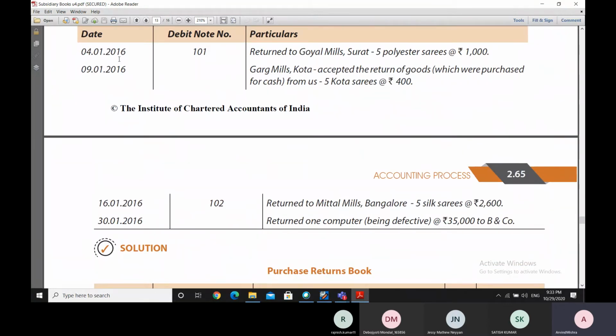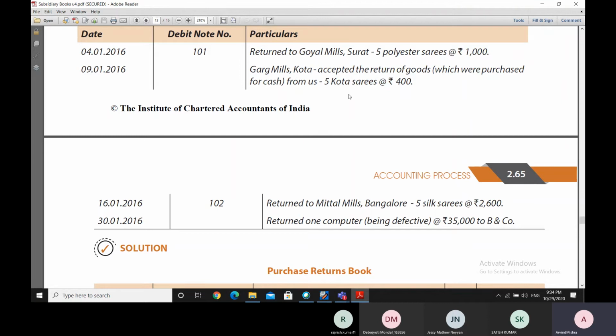The purchase which was returned to Goel Mills was entered once, and then Garg Mills also accepted the return of the goods. It should be, I think, Goel Mills, because the goods were returned to Goel Mills and 5 polyester saris were there. But what is mentioned in the second part is 9th January, Garg Mills has accepted the return of goods which are purchased for cash.